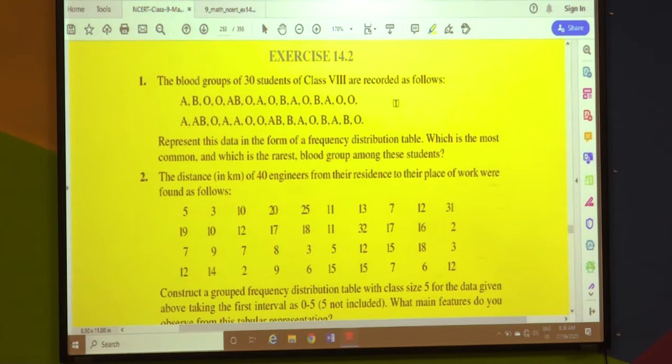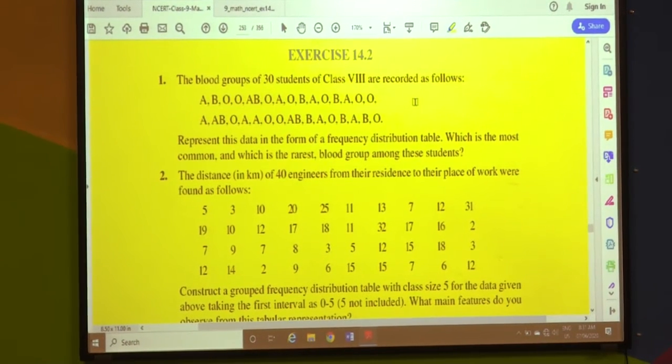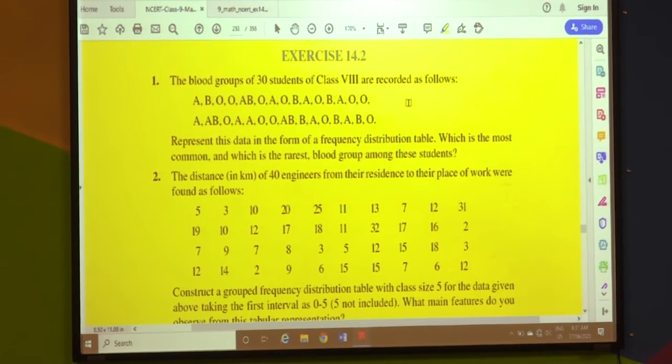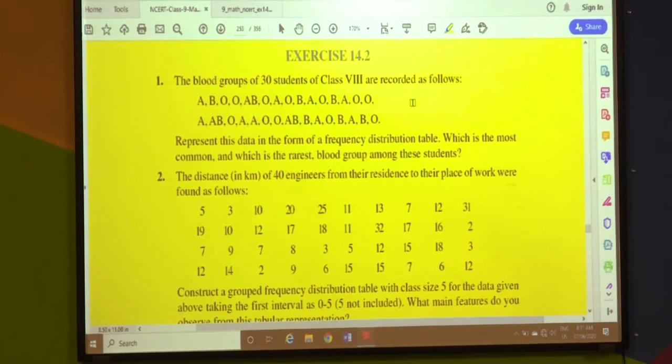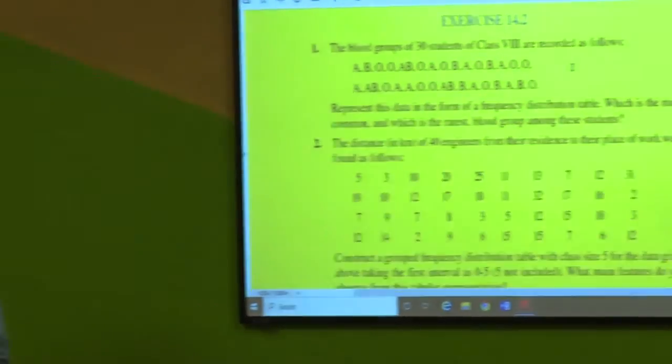You can see the data there, A, B, O, AB, as also you can see the data that has been given to us. They are asking to represent this data in the form of a frequency distribution table. What is the most common and which is the rarest blood group among these students?